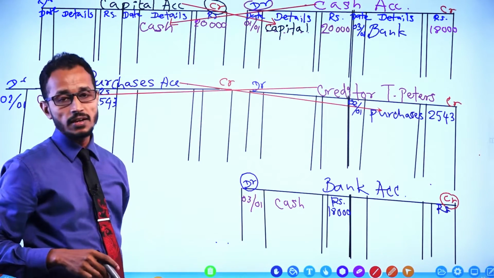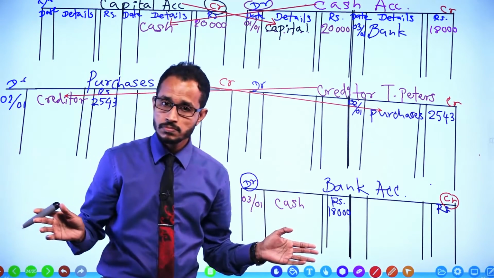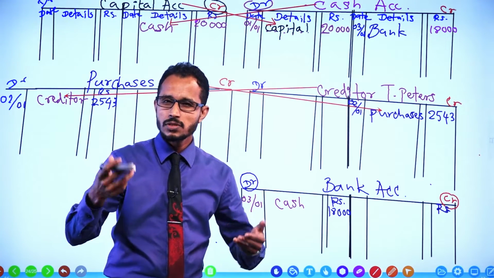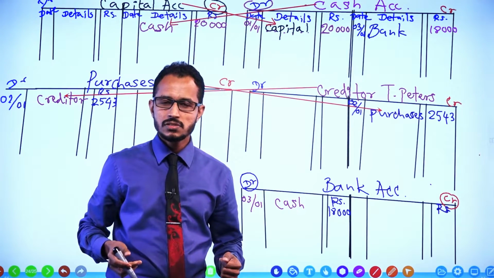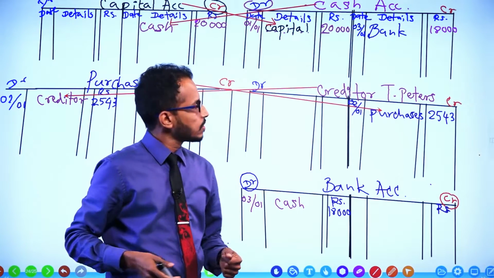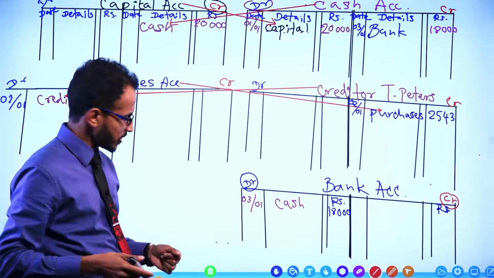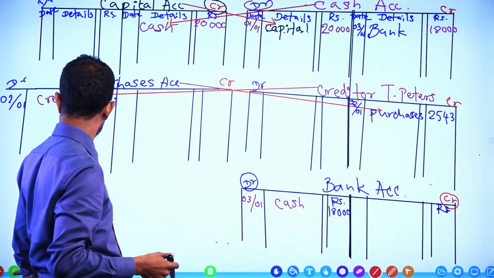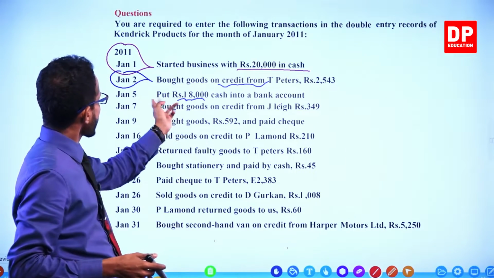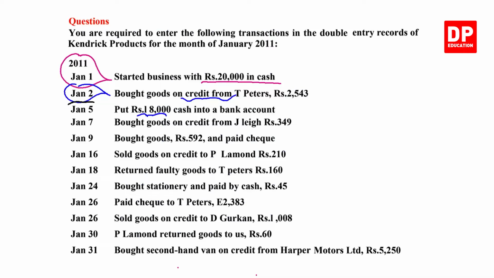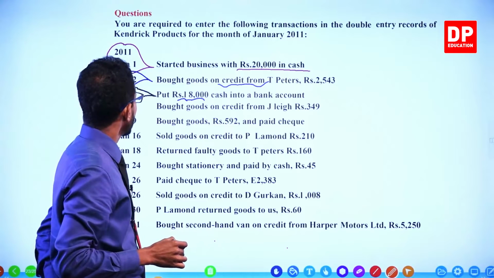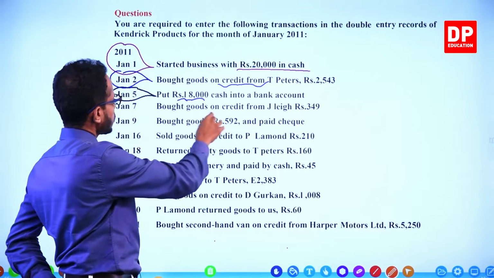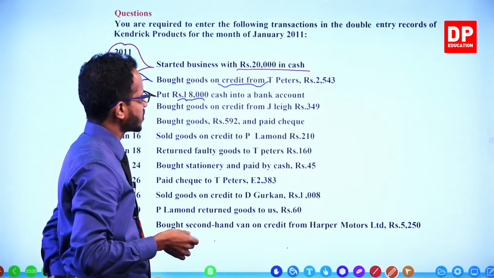Another transaction done. Any more? You have any complex transactions, difficult ones? Let's see. We are done with this. We are done with that. We have another one here. Bought goods on credit from J. Lee.